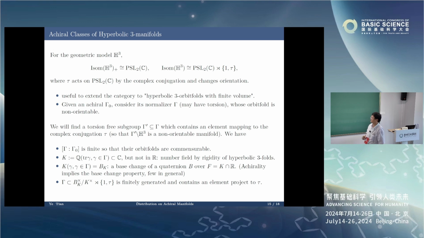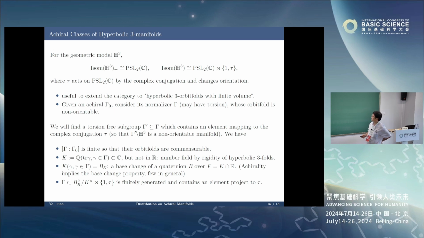If you have such a torsion-free subgroup, then the corresponding hyperbolic manifold is a non-orientable manifold. Now this question is a pure number theory question.